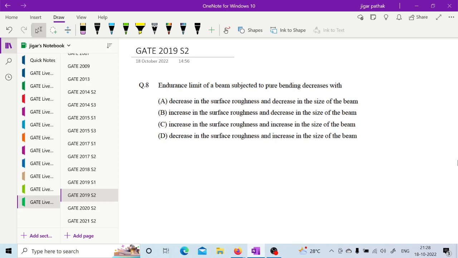See, increase in the surface roughness and increase in the size of beam, right? If surface roughness increases, then this endurance limit will decrease, and if size increases, then also it will decrease.